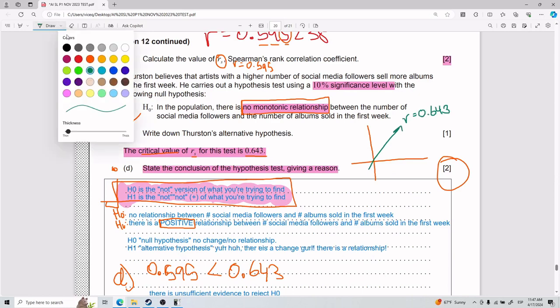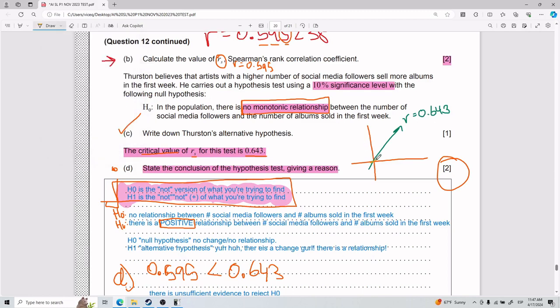And because we got an R that was a little bit below that, around here, they're going to say, I get it. It's a positive correlation, but it's weak. It's not strong enough. And you say, okay, what is strong enough? Strong enough is 0.643. Strong enough is my critical value.